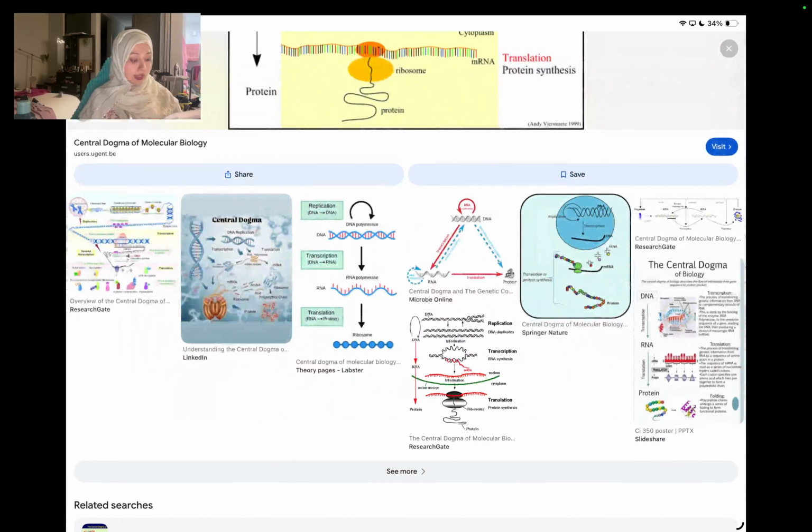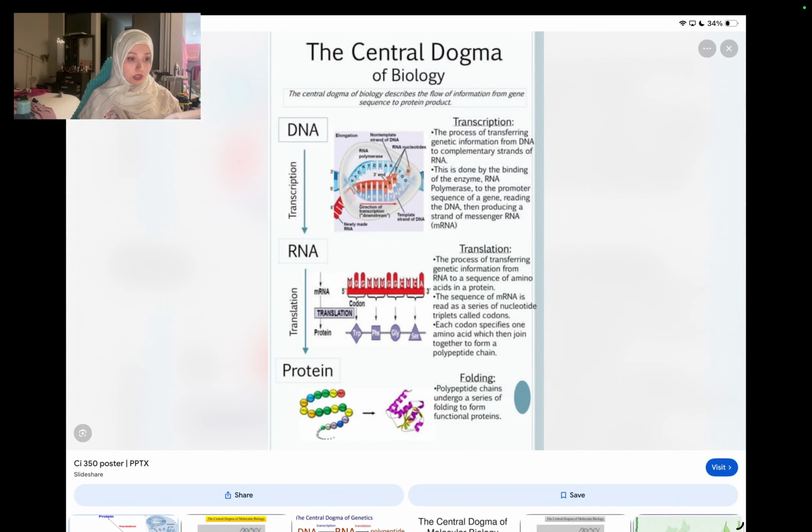Thank you for listening, and if you have any question or correction, you are free to tell me. Just let's see this one as well. So we have transcription, the process of transferring genetic information from DNA to complementary strands of RNA. Okay, in translation, as you can see, each codon codes for a different amino acid.